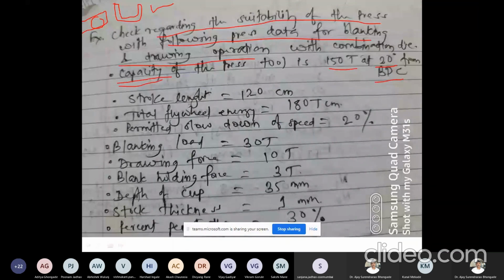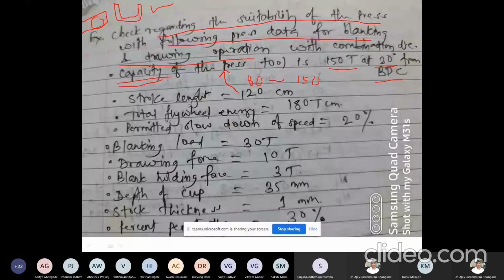Now the stroke length is 120 centimeter. These are the other data of that particular flywheel available to you. The stroke length may vary from 80 to let us say 150, but we have kept it equal to 120, as per the requirement of the drawing and blanking operation.